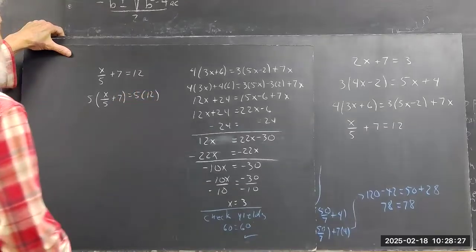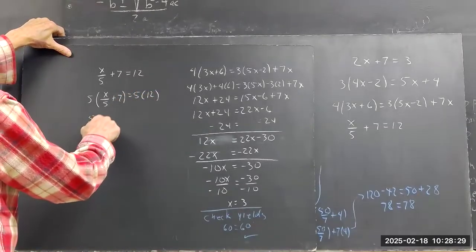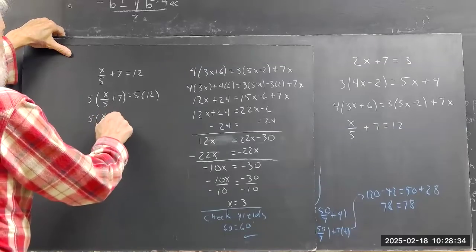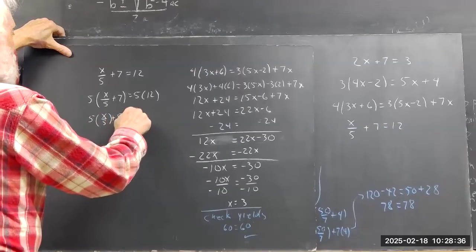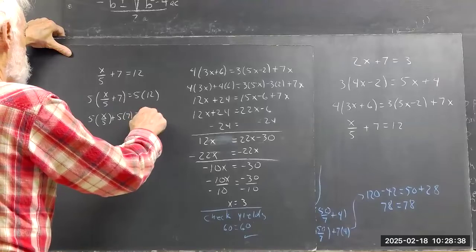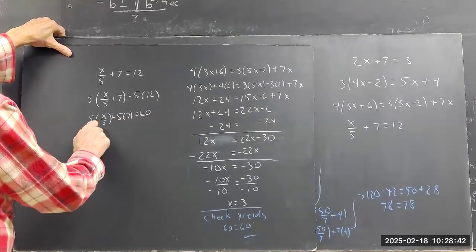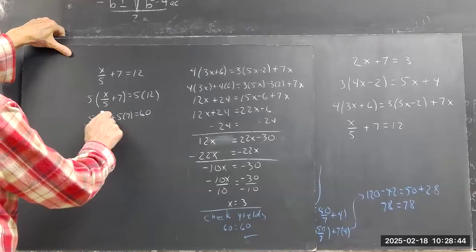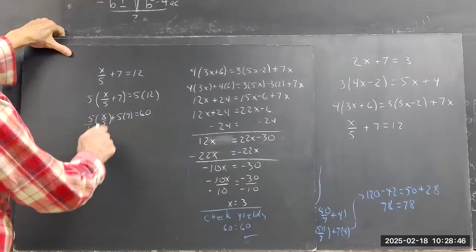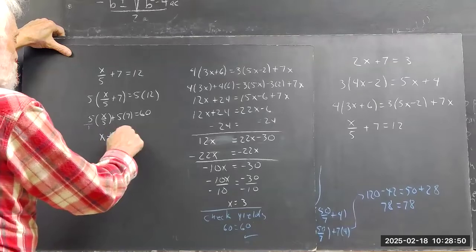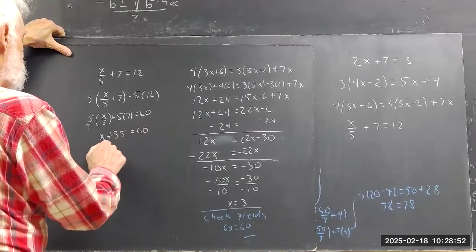Times 12. It'll give me 5 times x over 5. Yeah, that's like 5 over 1 times x over 5. So you have 5x over 5. The 5 still divides the 5. We get x plus 35 equals 60.